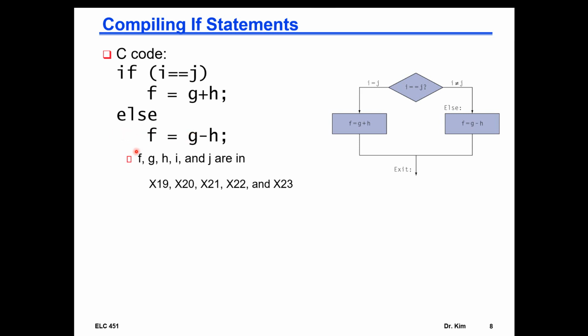Now let's assume that the variables f, g, h, i, and j are associated by the compiler, so all the data movement needed to bring them from memory already took place. Let's say those 5 variables are in registers 19 through 23.